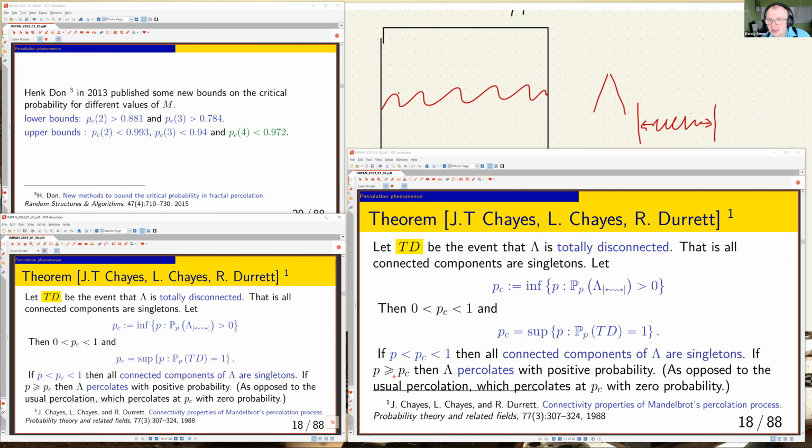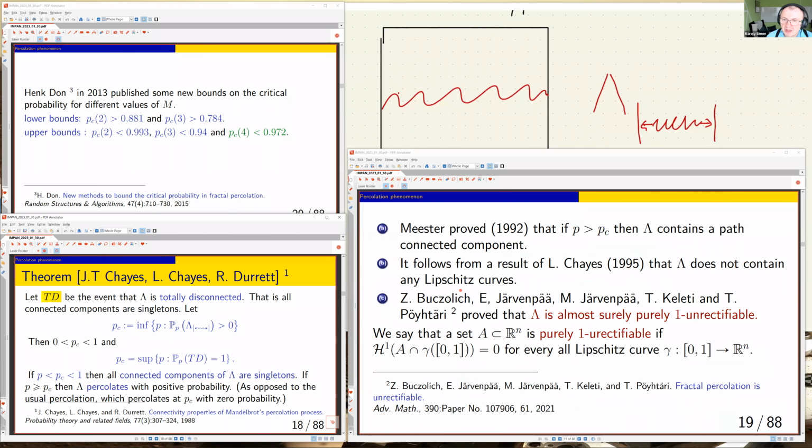For example, in the usual percolation this equality doesn't hold. So only for p bigger than the critical it percolates, and for the critical probability it does not percolate, as opposed to here. So there are differences also.